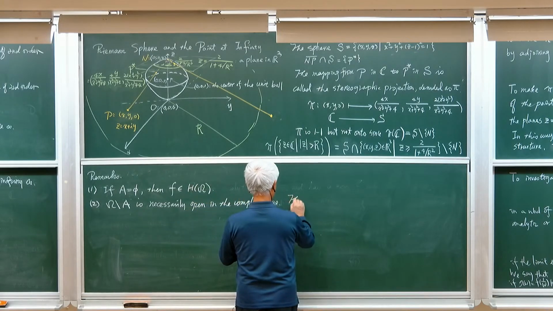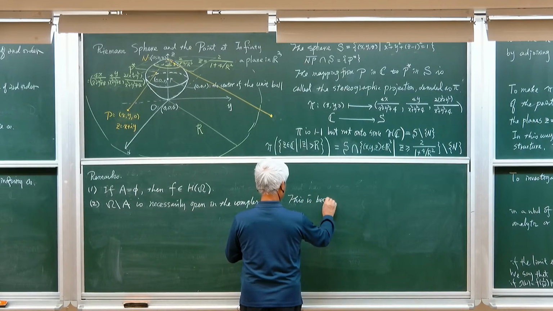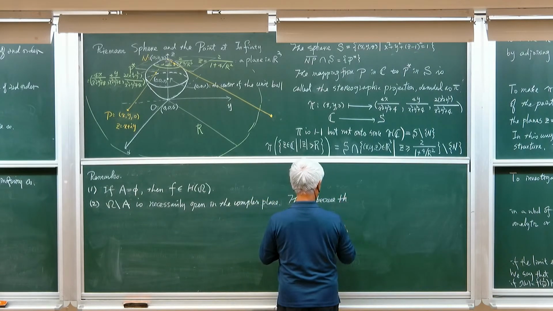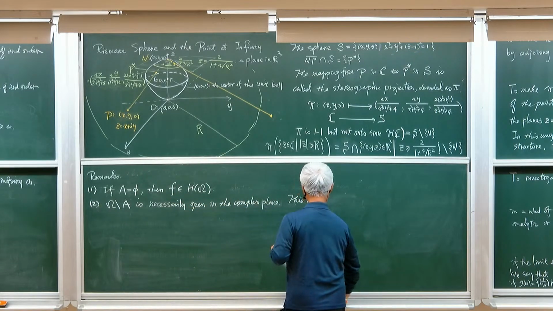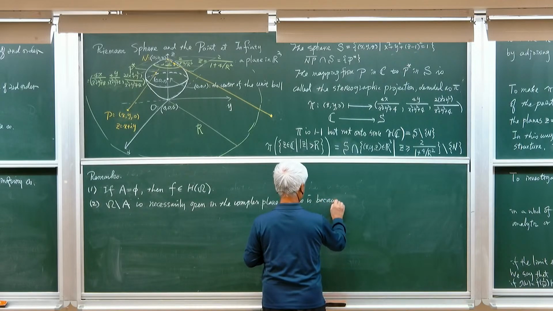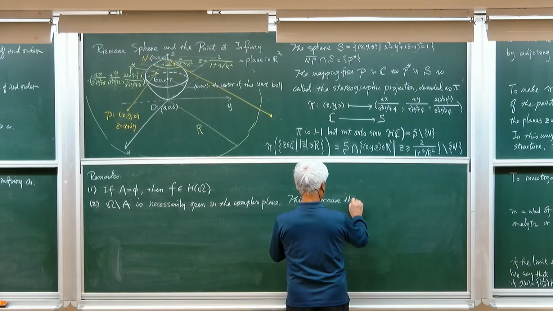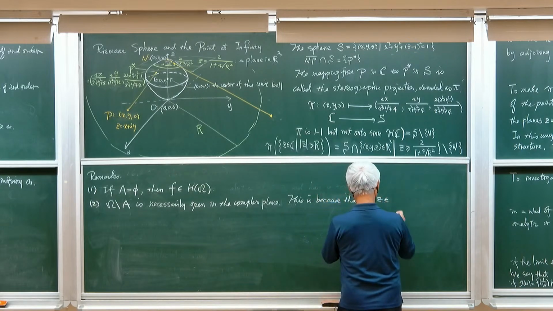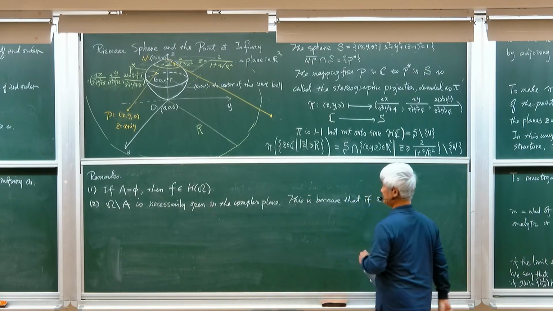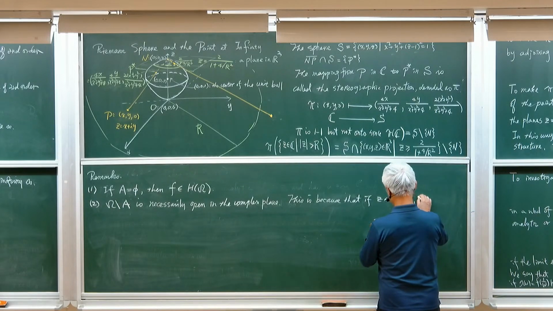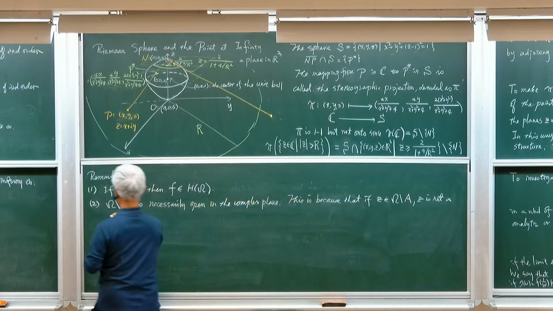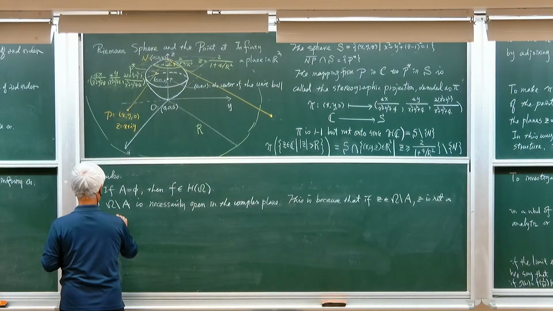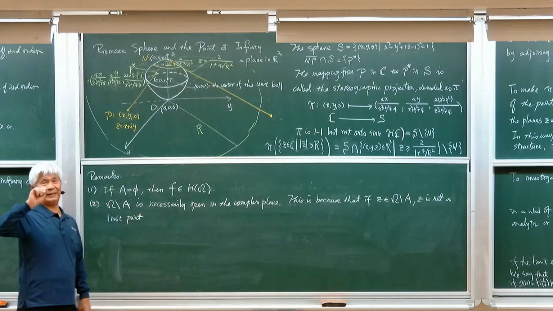All right, so this is because if z is a point in omega set minus A, then z is not a limit point of A, because A has no limit point in omega.